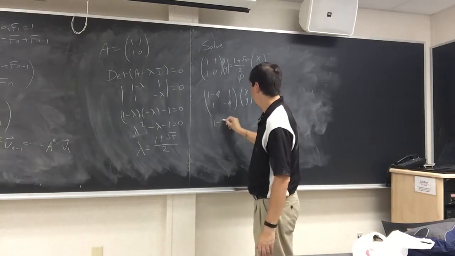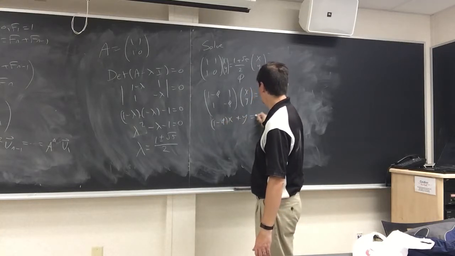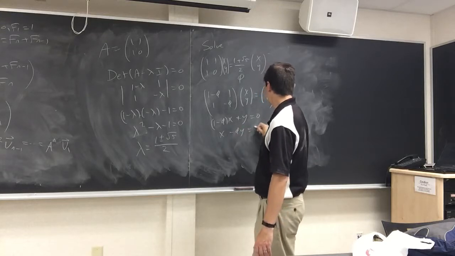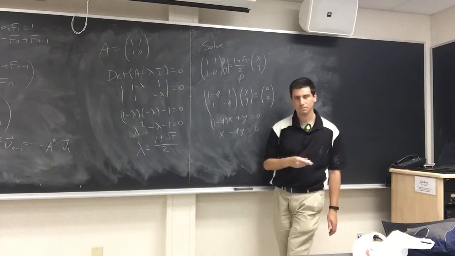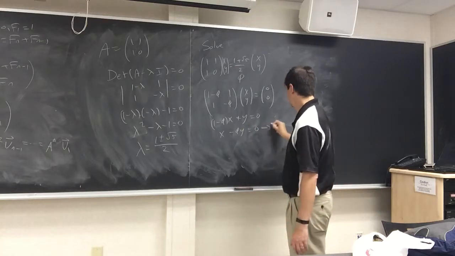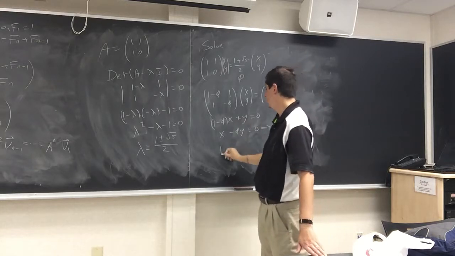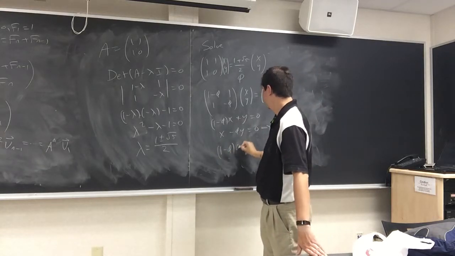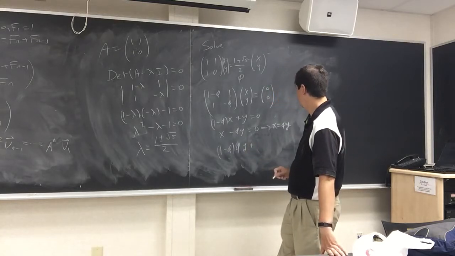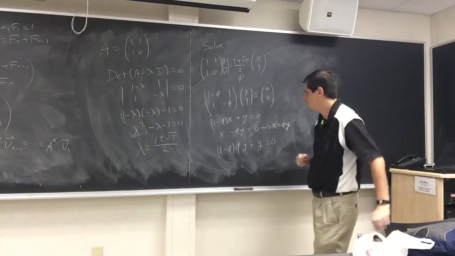So I've got 1 minus phi times x plus y equals 0, and I've got x minus phi y equals 0. So x equals phi y, right? And now, since x equals phi y, I get 1 minus phi times phi y plus y equals 0.